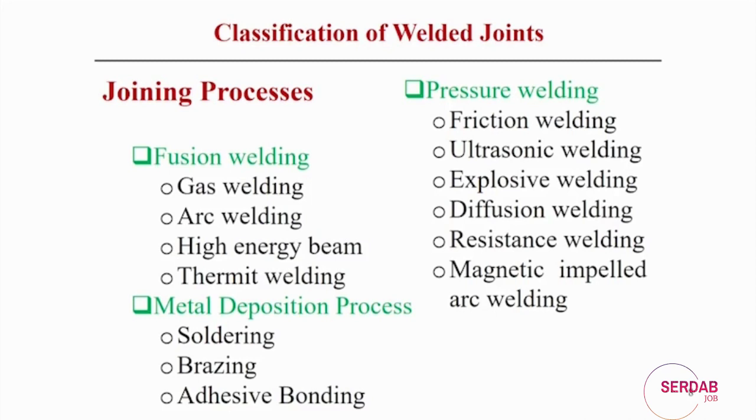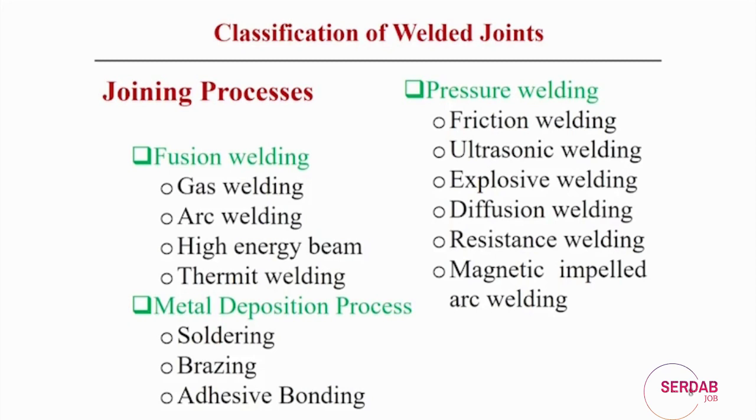So, that is why it is the metal deposition process, in the sense that we use an extra material to join between the two metals without reaching the melting point of these two materials. Soldering, brazing and adhesive bonding also come under this category. That means we use some extra material to join the two components without melting the parent components.